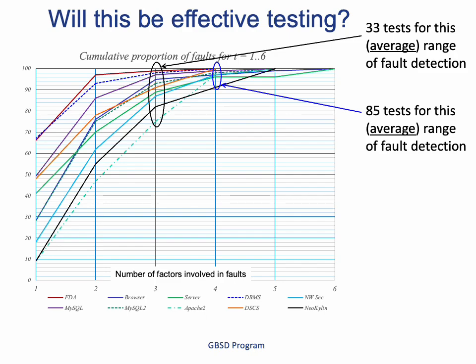So if we go to 85 tests, which cover 4-way combinations, then we get something in a narrower range. On average, we have seen better than 90% up to close to 100% of failures involving no more than 4 settings. So this is a very effective approach, and it works well in practice. Again, it's not guaranteed, but in practice, these are the kinds of results that we can see.